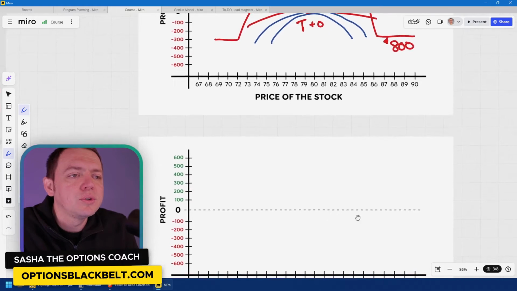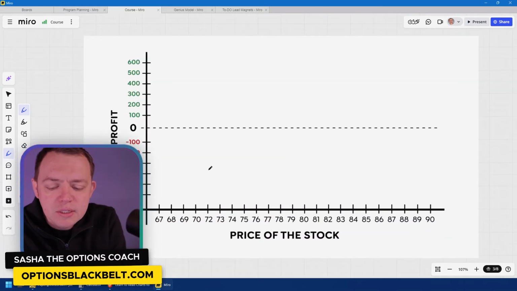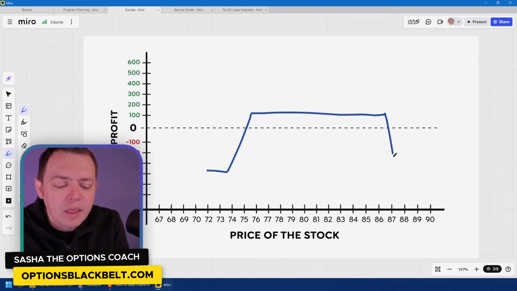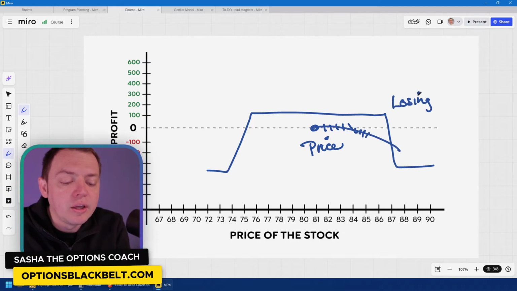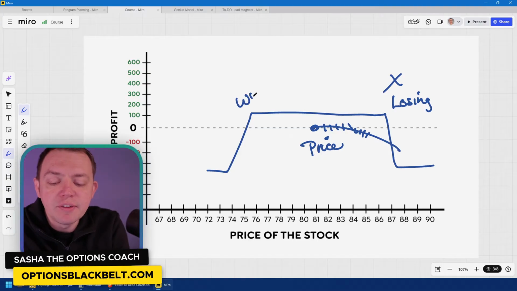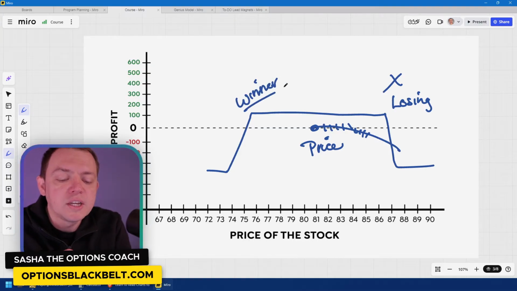So if we go to an Iron Condor trade, something along this line right here, and we set up a price point here, and then price starts moving against us, let's say to the upside. Now, the issue is we have a losing side on this side, but we actually have a winner on one side over here.